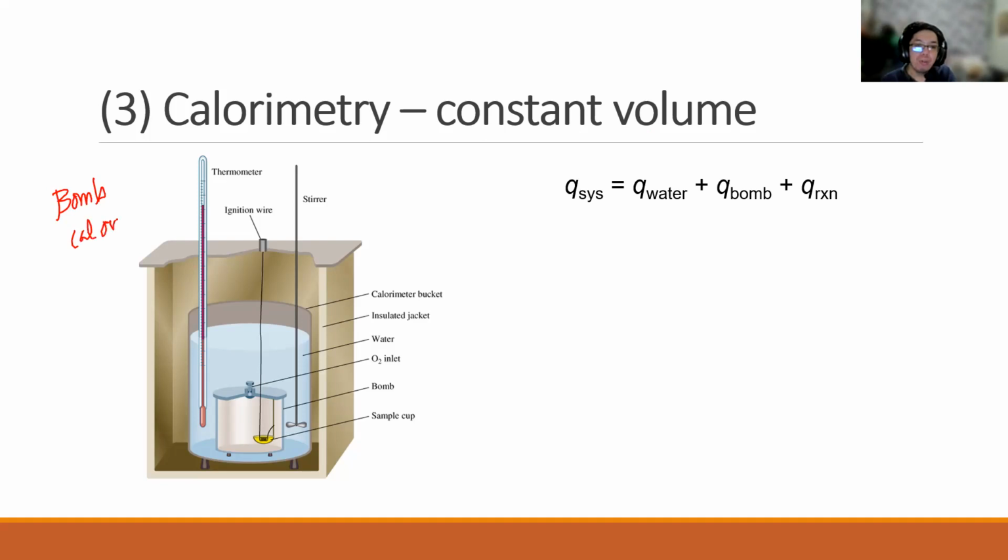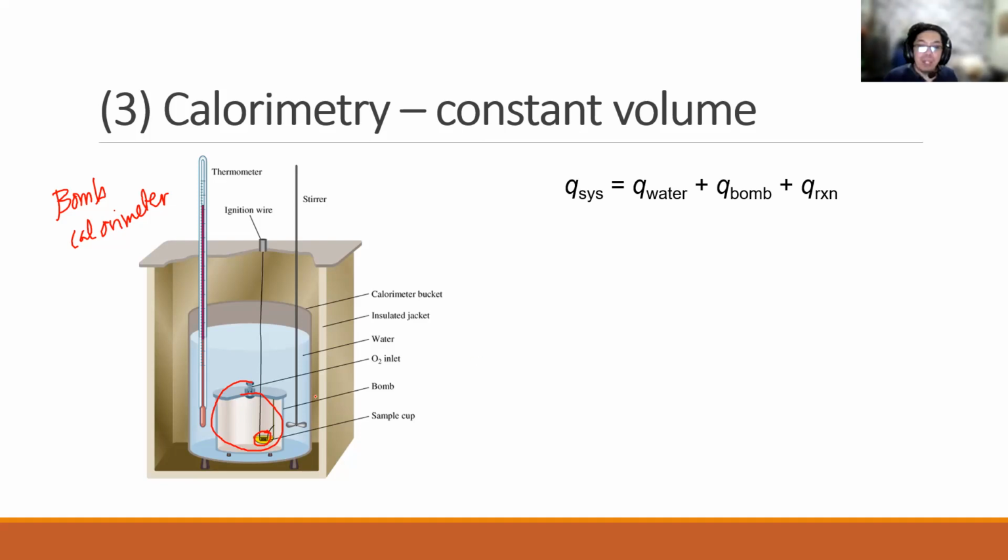To describe our system, please take note that your bomb calorimeter is actually made up of several components. We have this thing called the bomb, the one inside. And this bomb contains your sample here, in the sample cup. Sometimes it's like a small weighing boat, metallic or ceramic, where you put the sample that will undergo combustion.